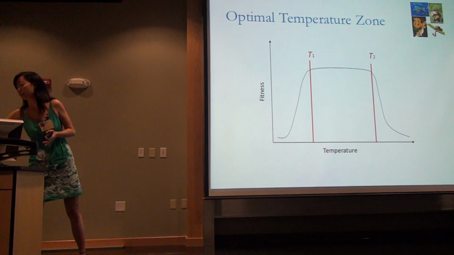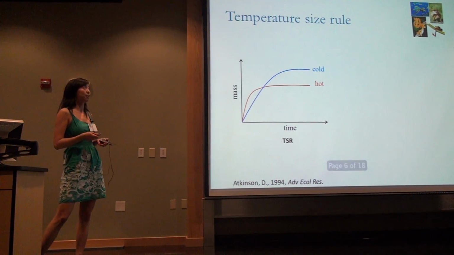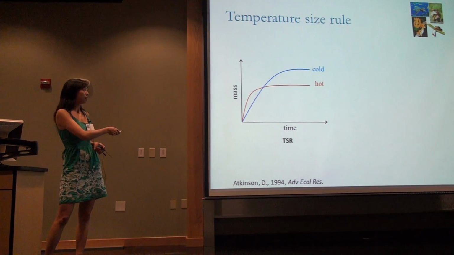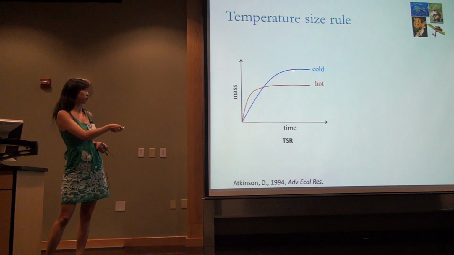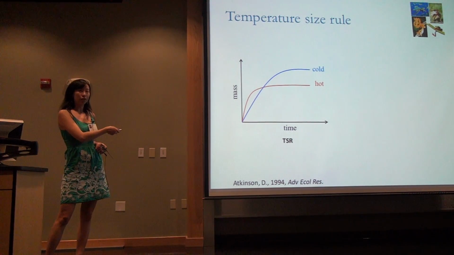That's what we were expecting for ectotherm growth also. Here red represents high temperature, blue represents low temperature. When you have high temperature, you can see the growth rate is higher because they have a steeper slope, and the development rate is higher because they mature earlier than the cold temperature ectotherms.